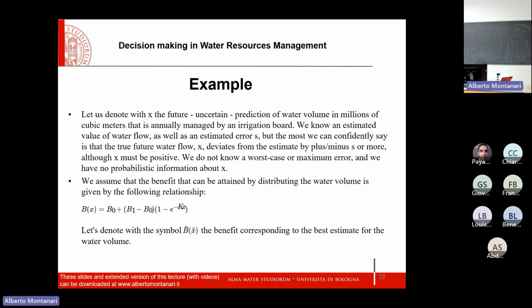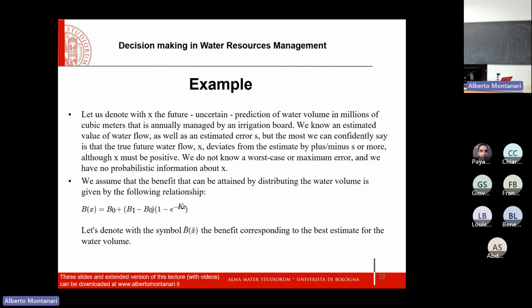And then we know that the future reality may be represented by a deviation from the best estimate of X. Let's call this deviation plus or minus s. Lowercase s is the error. So the future will be X plus or minus s. s is an error. Okay.